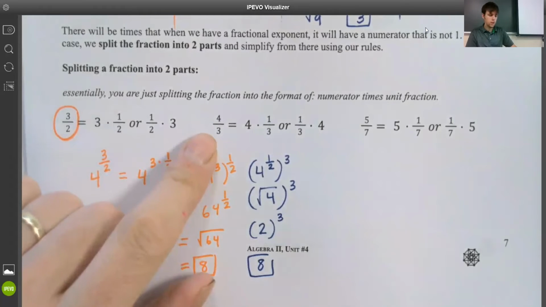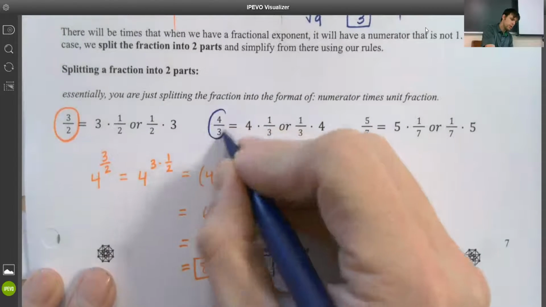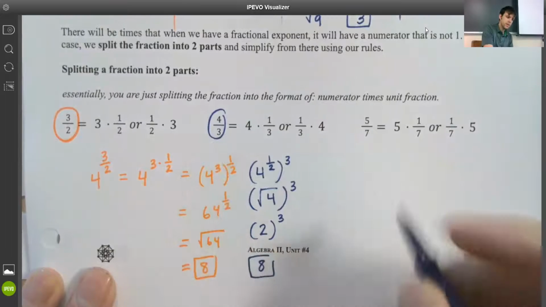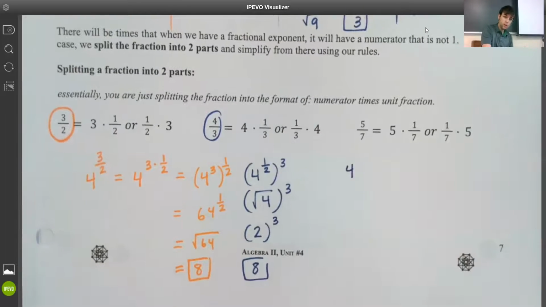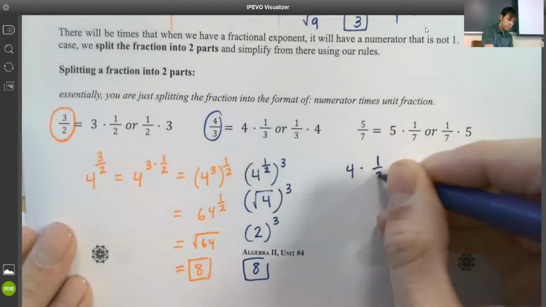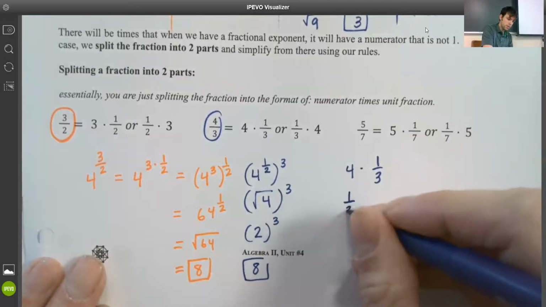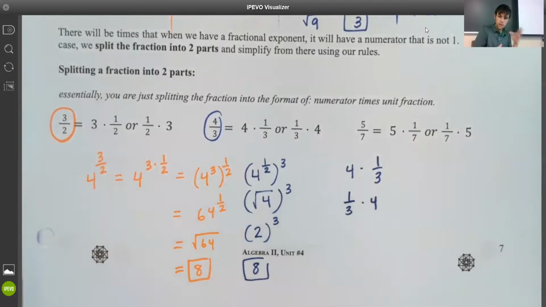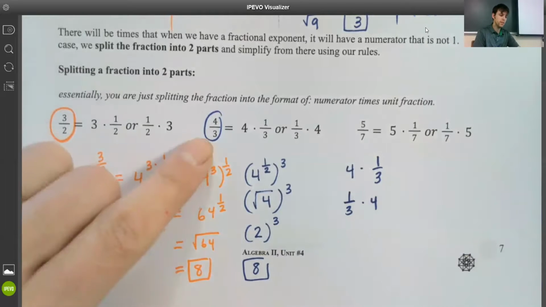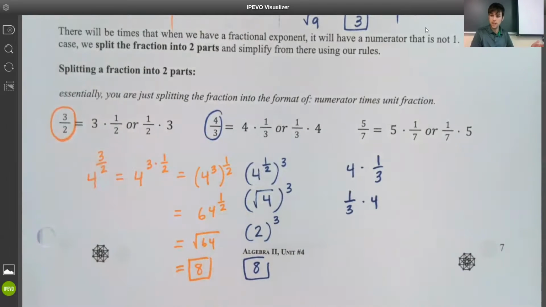All right, so here we go. Fraction of 4/3, right? That can split up into 4, which is our numerator, times 1/3. Or we can reverse that order. It could be 1/3 times 4. And depending on the problem that we're using, the specific number that we may be using this exponent with, if this is indeed an exponent, it might be easier to think about it in one way or the other.